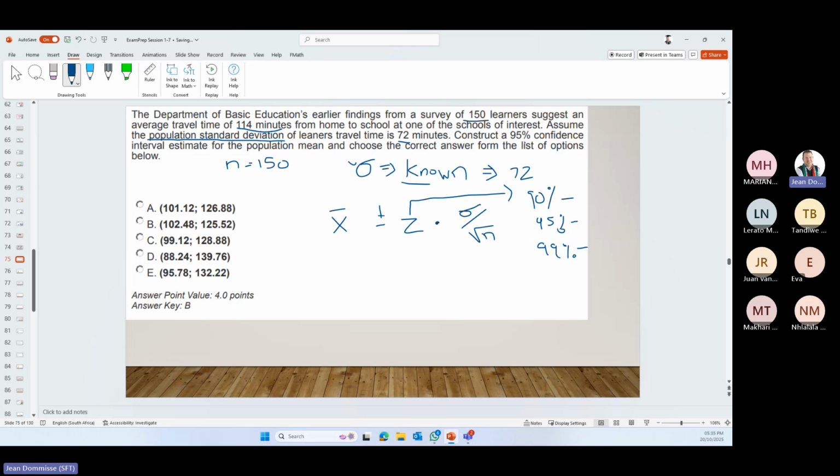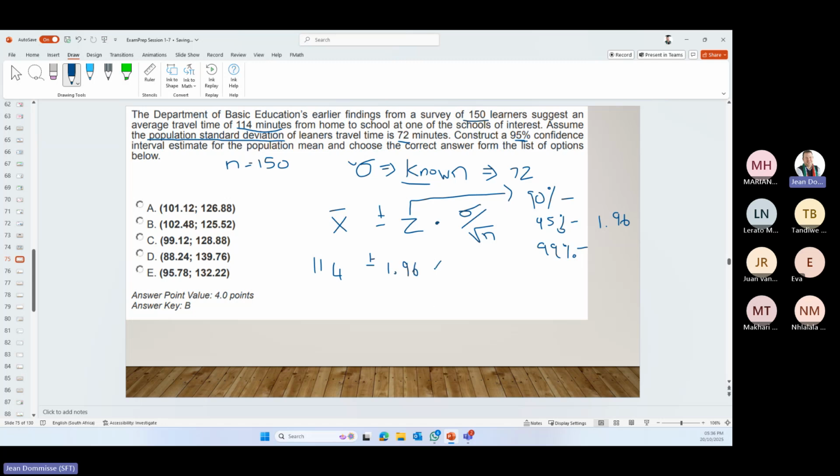So I see we need to work with 95. 95 is 1.96. So let's see if we can get all the information. We've got the average time is 114. We've got the Z of 1.96.